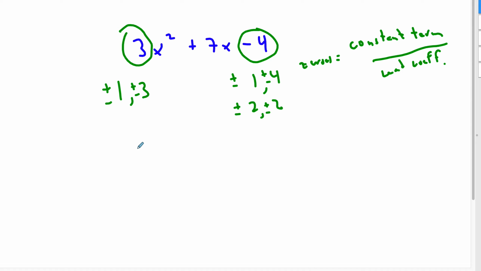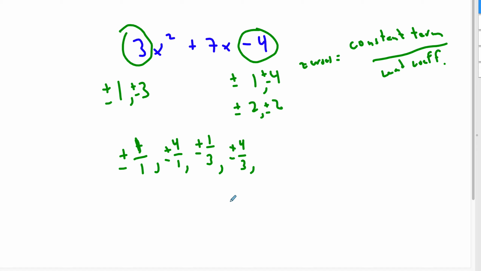Well, we could pair the 1 with the 1, so it'd be plus or minus 1 over 1. We could pair the 4 with the 1, so it'd be plus or minus 4 over 1. We could also pair, well, let's get all the combinations. We could pair the 1 with the 3, so it could be plus or minus 1 over 3. We could pair the 4 with the 3, so it could be plus or minus 4 over 3.